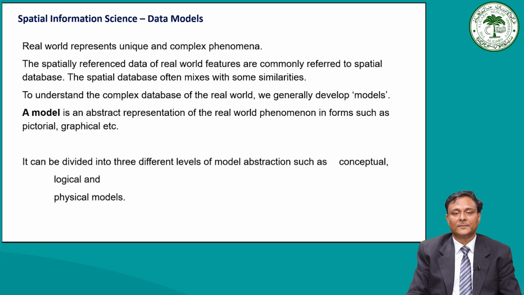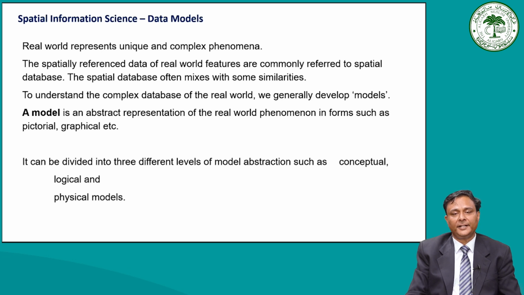In simpler terms, a model is an abstract representation of the real world phenomena in many forms, such as pictorial format or graphical form. And the process of creating a geographic data model is similar to that of data modeling. In general, at least in its broad structure, it can be divided into three different levels of model abstraction, such as conceptual, logical, or physical models.